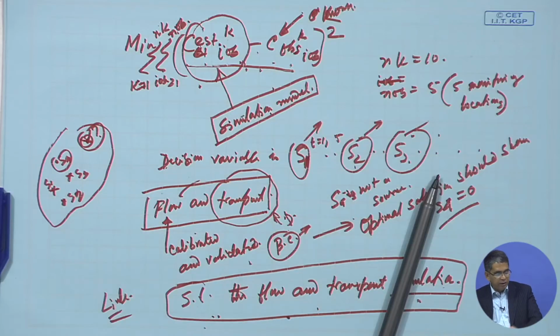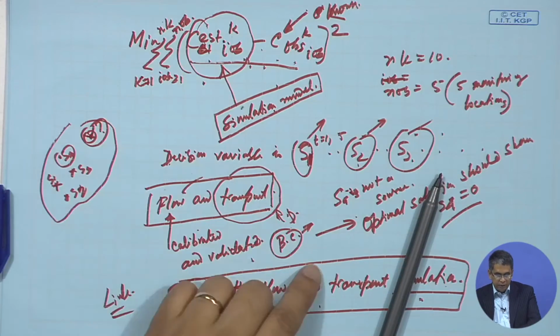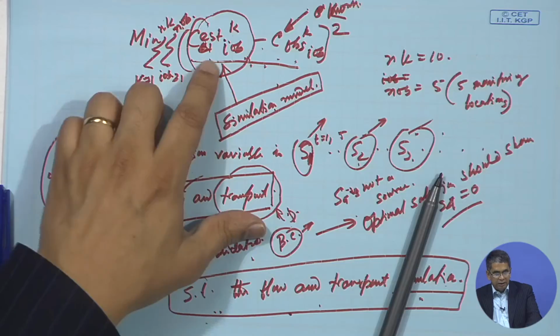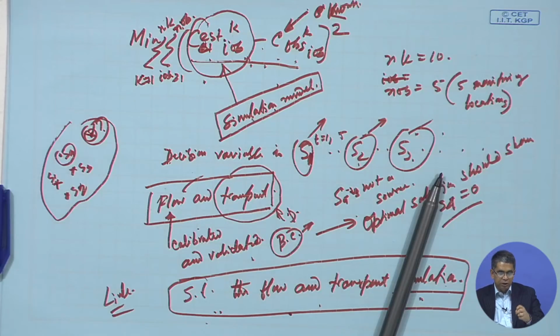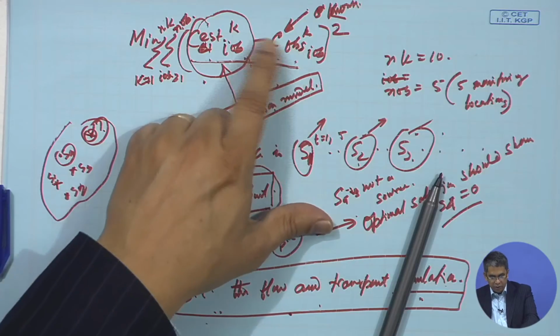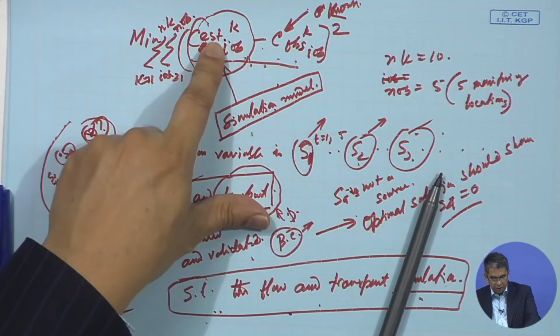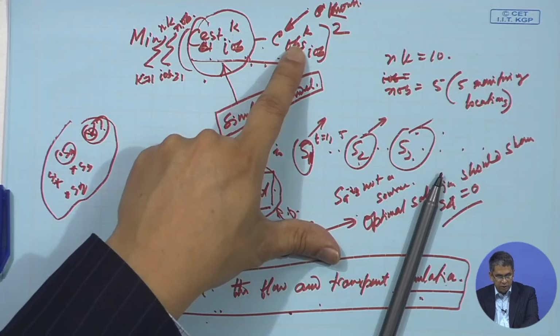So, what I get out of that is the concentration at different monitoring locations, and then I try to find out again the value of the objective function, which will give you the summation of the square of the differences between the estimated values coming from the simulation model and the observation values of the concentration. So, this is the difference between the estimated values of the concentration and the known or observed values of concentration.